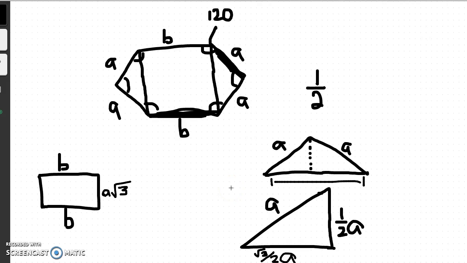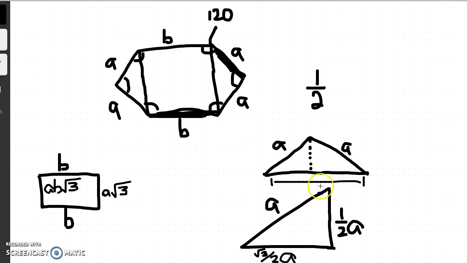So if we're trying to find the area, this clearly is AB root 3. And this here, I just want the area of this whole deal.